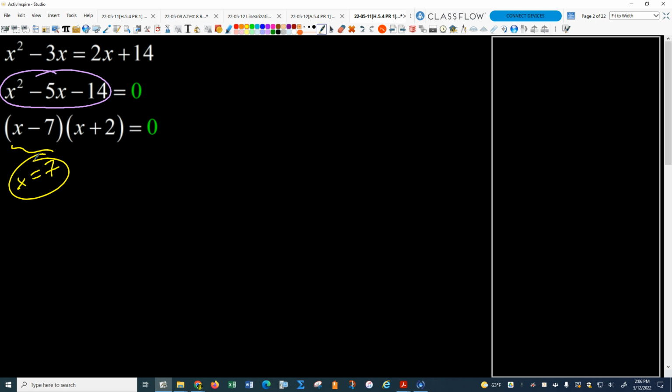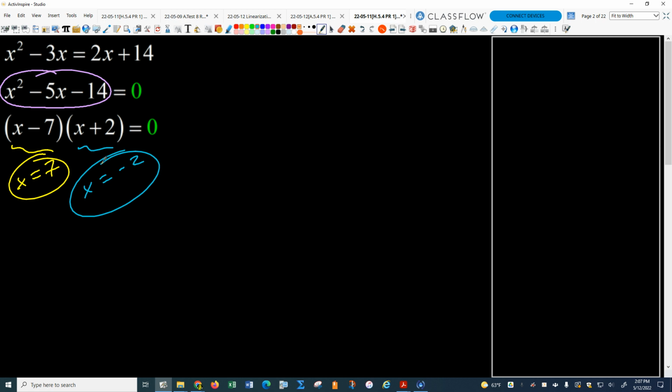And if I plug 7 in, I would just get 0 times 9, which is 0. It works. What's my second zero? Negative 2. And if I plug negative 2 in, I would just get negative 9 times 0 equals 0, right? So I got 2 real zeros of this purple function.